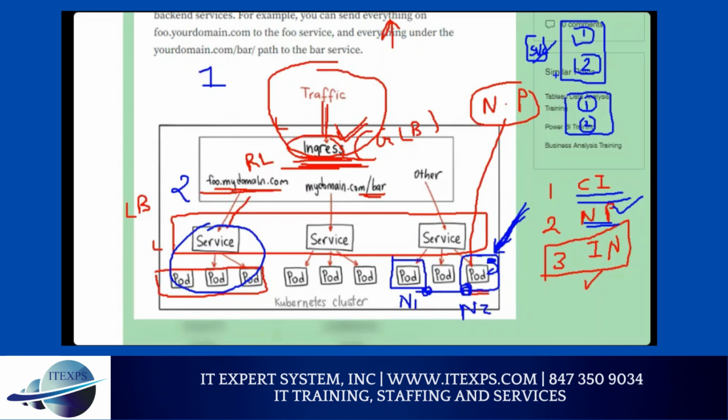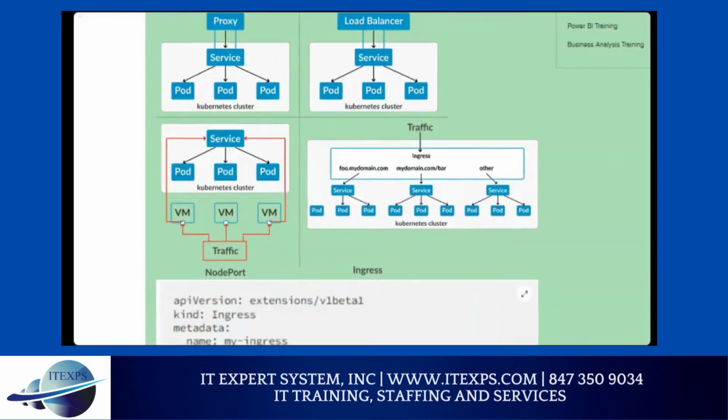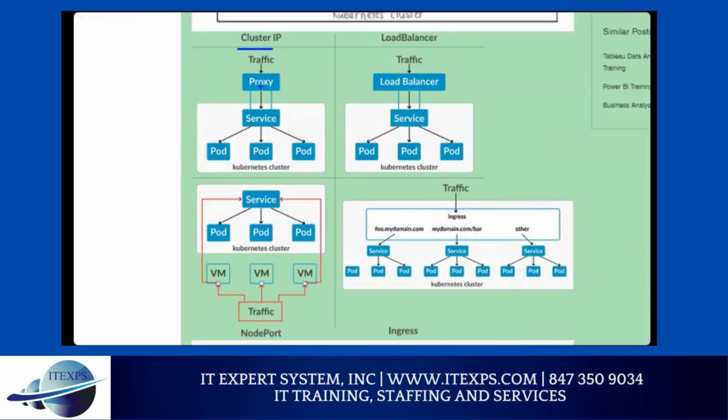But if you want load balancing at the node level, listen carefully, node level. So here is the situation. With Cluster IP, you get the proxy and service level, so pod level load balancing, and here you use service Cluster IP. But with a load balancer, you're not going through the proxy, you're going through a load balancer, which is nothing but Ingress.